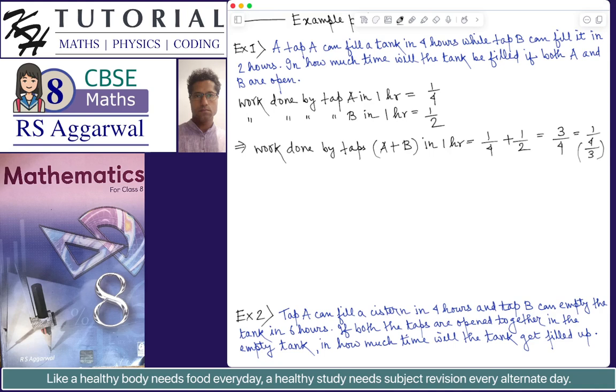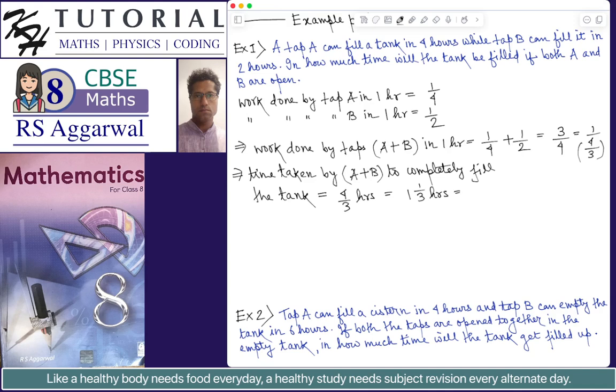So if you know that work done in 1 hour is 1 by (4 by 3), and since it is positive, we can say that time taken by A plus B to completely fill the tank will be equal to 4 by 3 hours, which is equal to 1 and 1 by 3 hours, which is equal to 1 plus 1 by 3 hours.